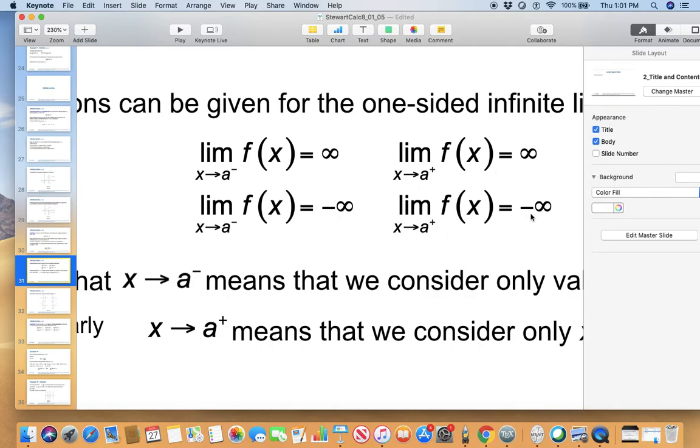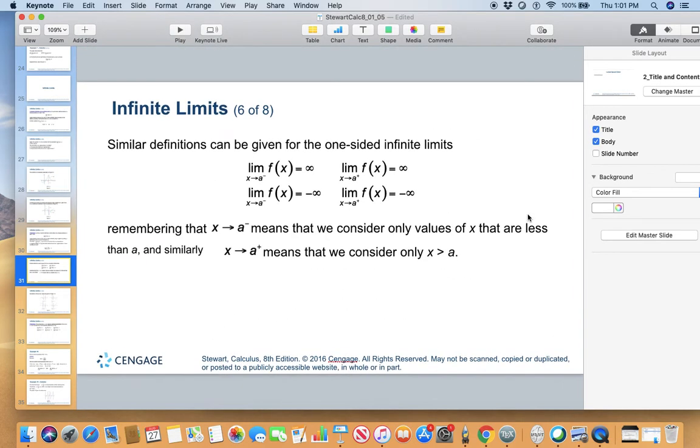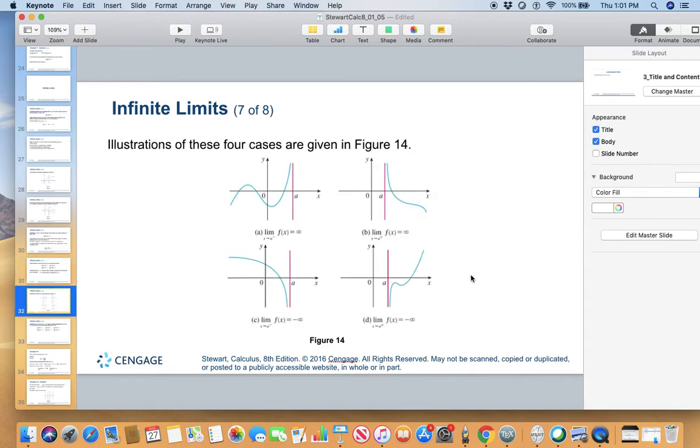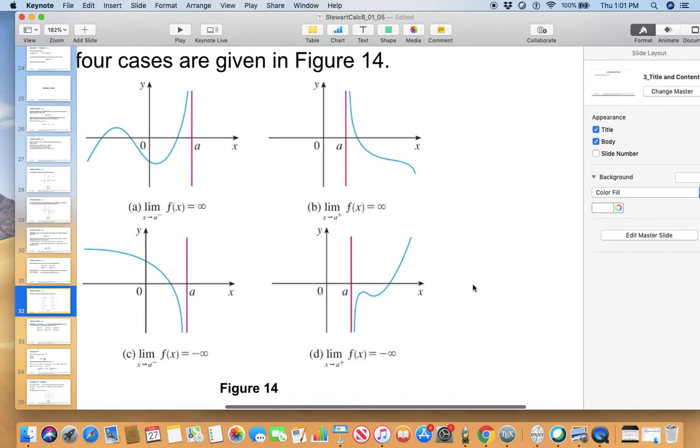The right-hand limit could be negative infinity. x approaching A from the left means you are looking at values that are less than A. x approaching A from the right means we are only looking at values greater than A. That's what makes it right. So here are the possibilities, right?